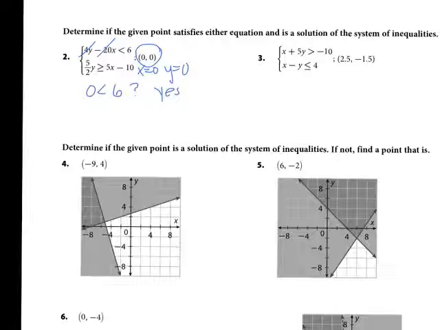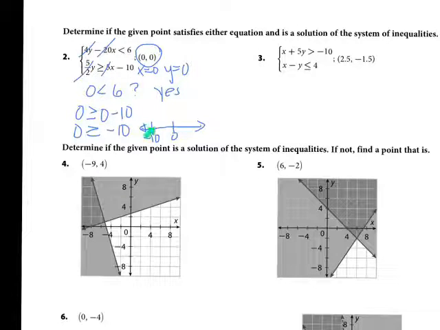Now for the second inequality, this would be 0 and that would be 0, because 0 times anything is 0. So I would have 0 is greater than or equal to 0 minus 10. Now 0 minus 10 turns into negative 10. So is 0 greater than or equal to negative 10? You can look at the number line, and 0 is here and negative 10 is on this side.